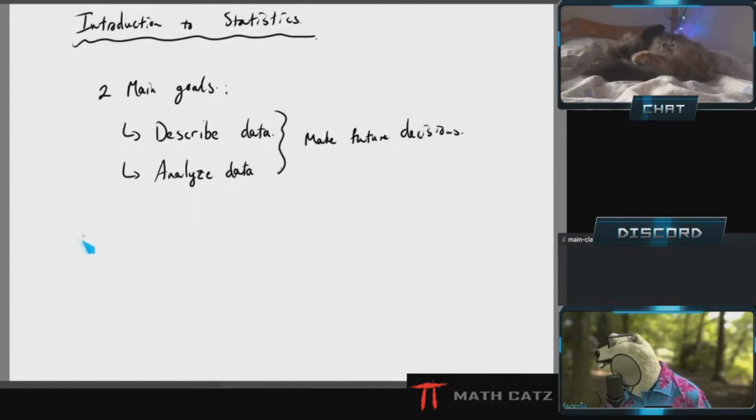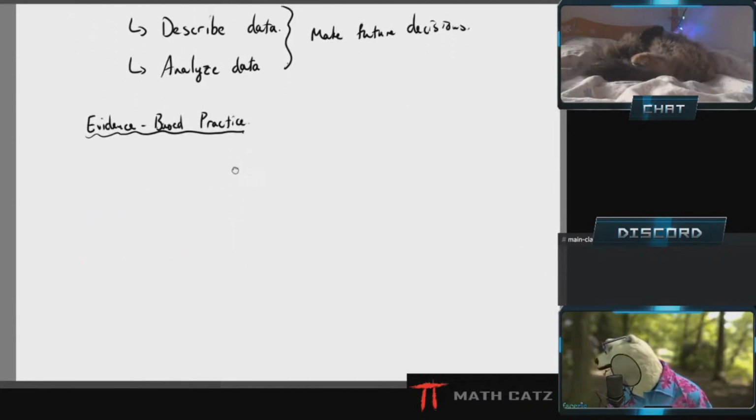So with this goal in mind, we have what is called evidence-based practice. And all that means is that we want to not say, well, I feel that this medication is going to be effective for patients to cure a certain illness, for example. I feel that this treatment can help some people.